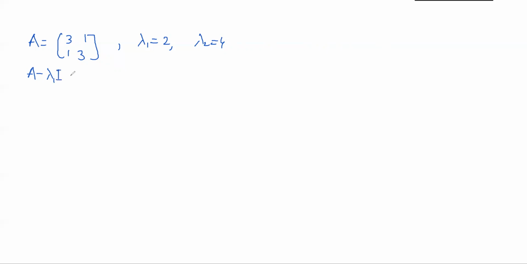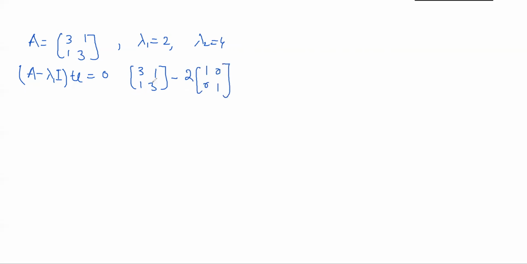So we need to find the solution of the system A minus lambda 1 I is equal to 0. In this case, we have 3, 1, 1, 3, minus lambda 1, which was 2, times 1, 0, 0, 1.